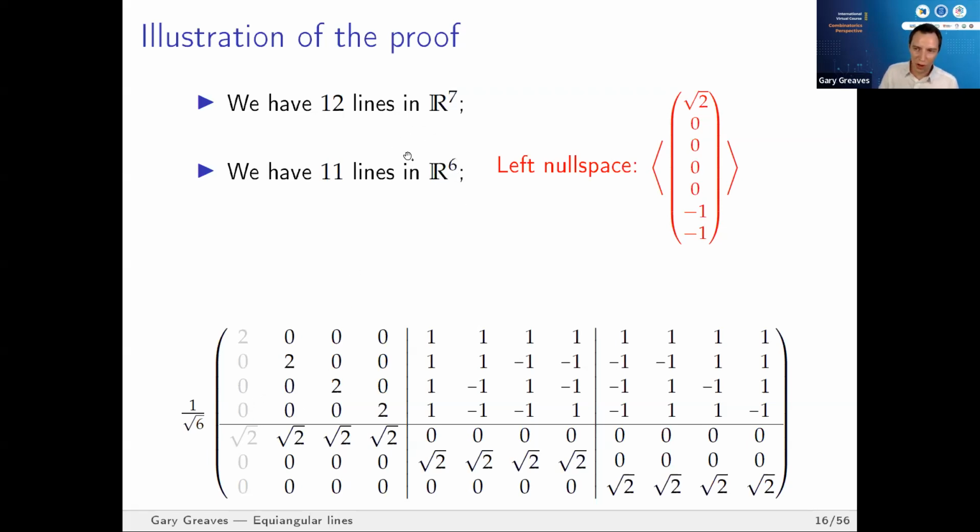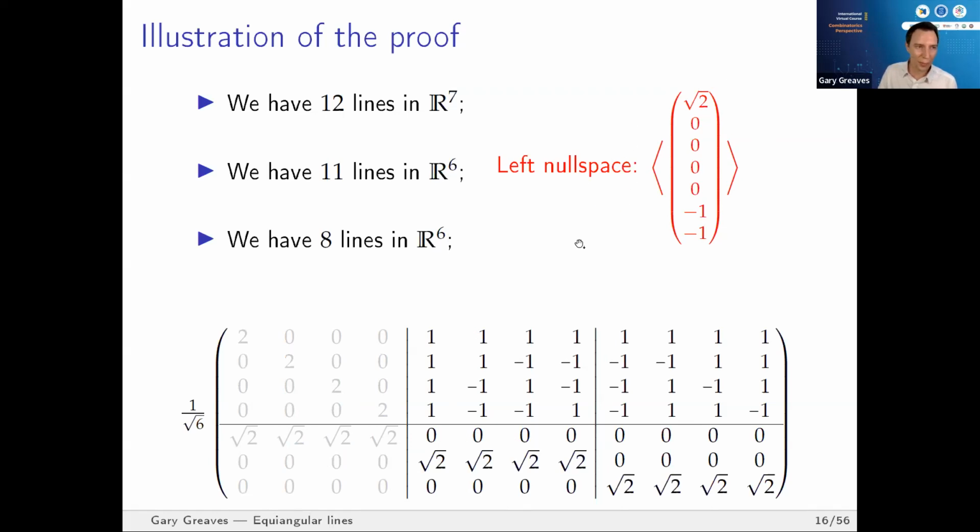And I can apply this trick one more time. So I can throw away these 3 vectors. So if I throw away these 3, I just have these 8 vectors left. Then I know they're all orthogonal to this vector. But you can see there's another vector that all of these vectors are orthogonal to. Can you see the vector?